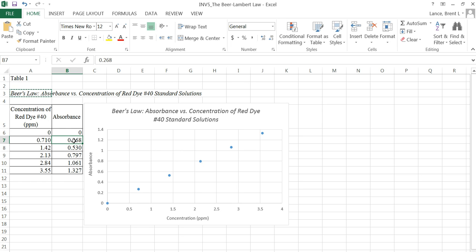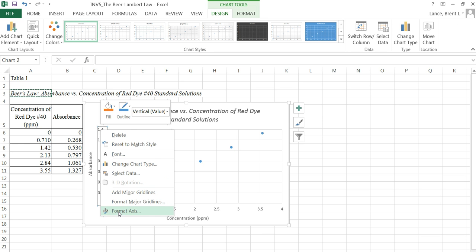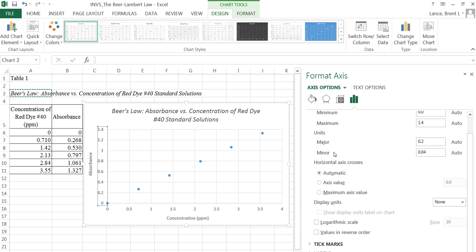So another thing that I'll look for you to do is to format the vertical axis so that those values have 3 decimal places. If you click on the axis itself, you can right click and go to Format Axis, and bring up the Format Axis tab here. If you scroll all the way to the bottom, it says Number.